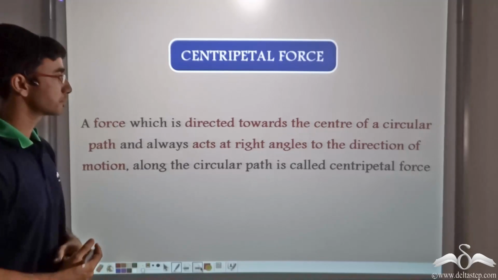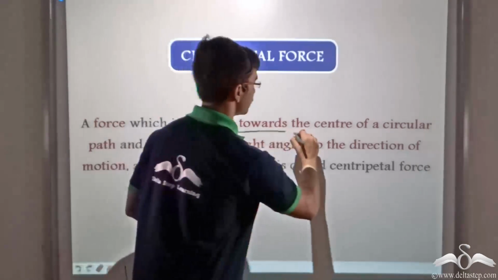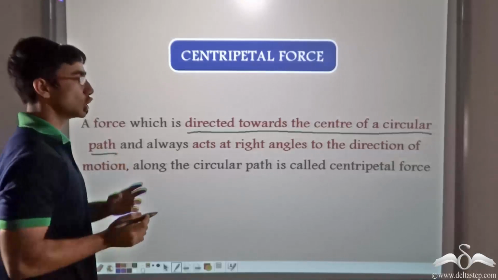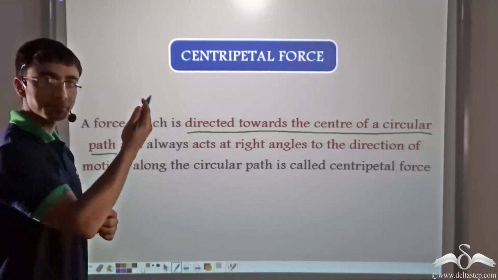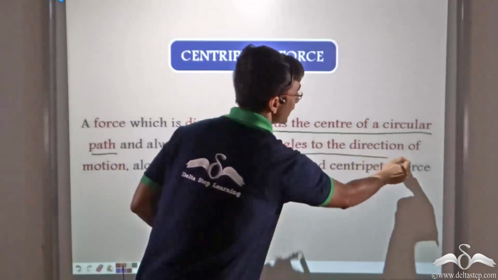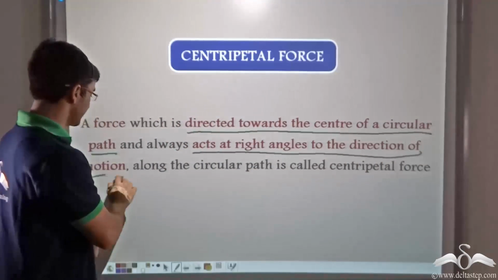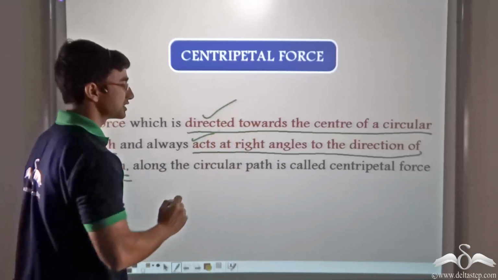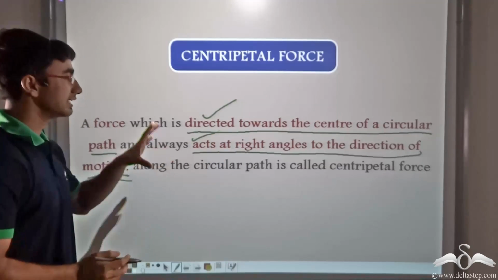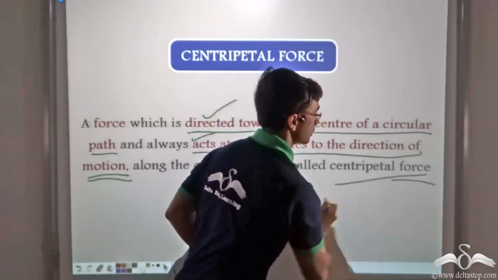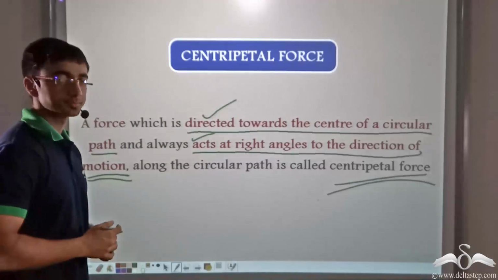The first key aspect is centripetal force is always directed towards the center of a circular path, as we previously saw, and it always acts at right angles to the direction of motion. So this is one key aspect and this is one key aspect, and in this circular path the force that acts is known as centripetal force.